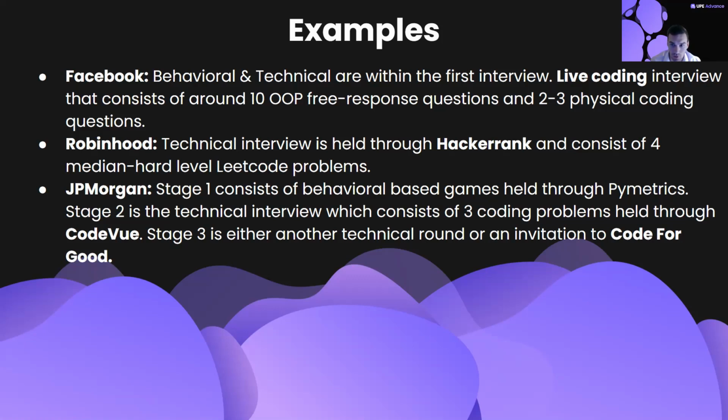So if you do good on plyometrics, the list of games, the computer will automatically send you a link for a technical interview, and it'll usually give you maybe 3 to 4 days to do it, right? You obviously won't be able to see the questions beforehand, but you'll have a small time frame to take them, and they'll consist of 3 coding problems. They're usually held through CodeView or HireView, well, one of the two.